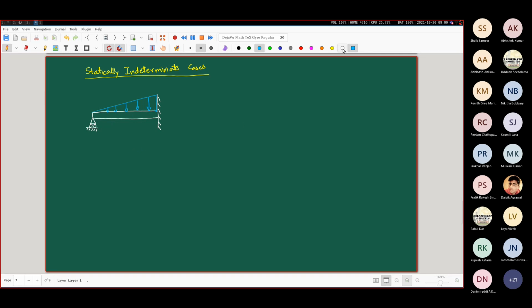If you want to consider just this beam with this loading or whatever loading, will it not fall down? Because this is an improperly or incompletely constrained problem.